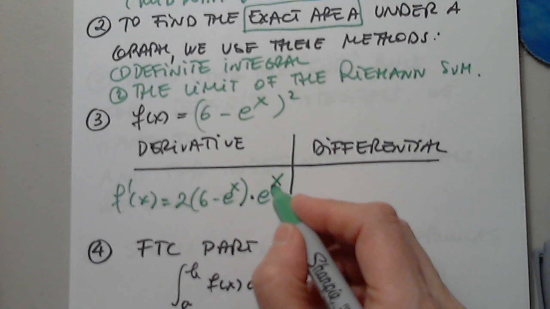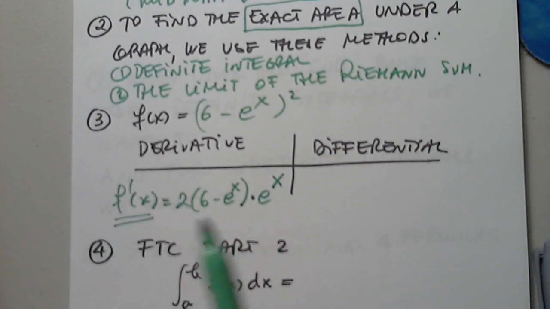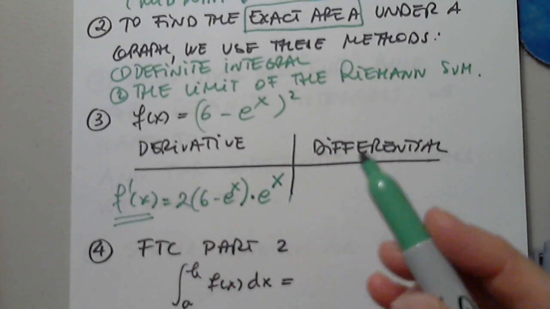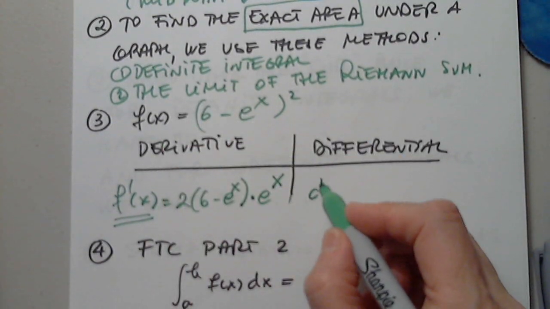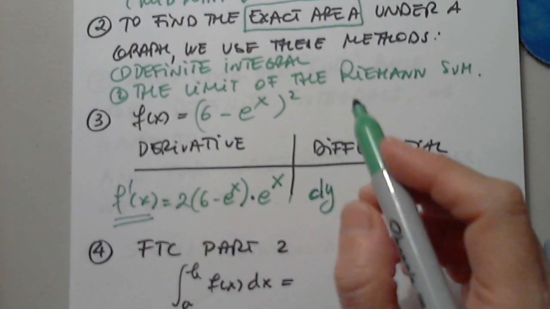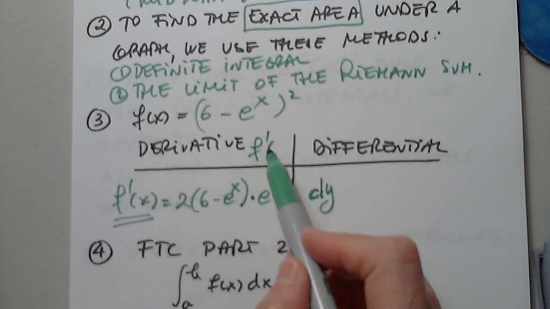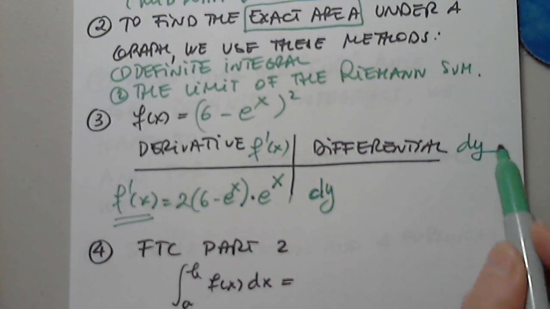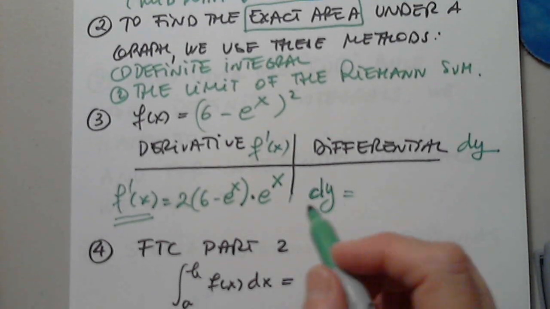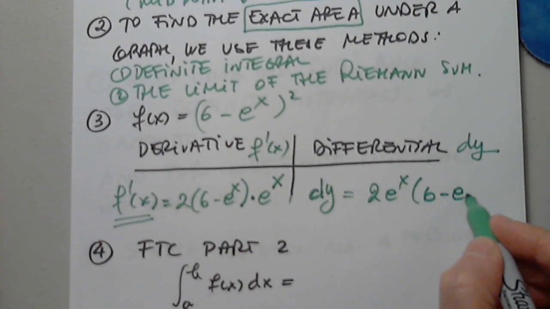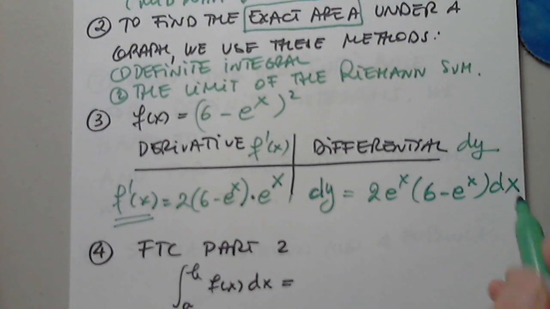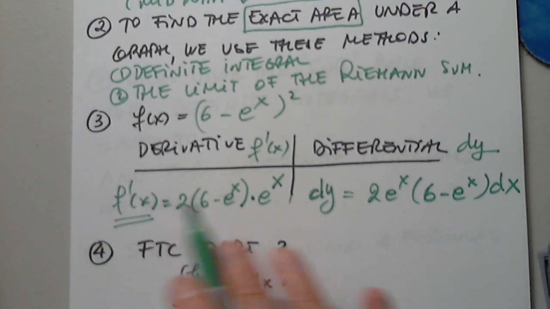How do I find the differential and what is the notation? It's dy equals f prime of x times dx. So it's the same thing, 2 e to the x times 6 minus e to the x, but multiplied by dx. That's the only difference.